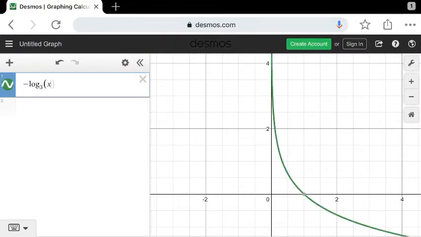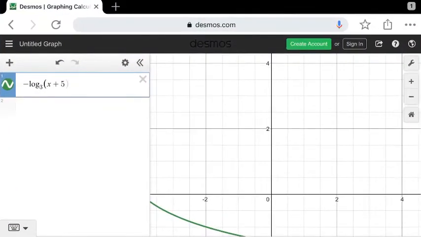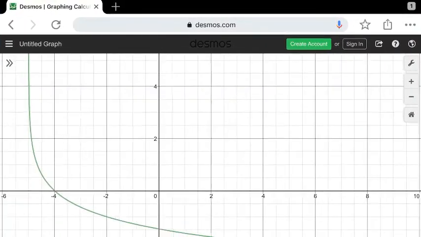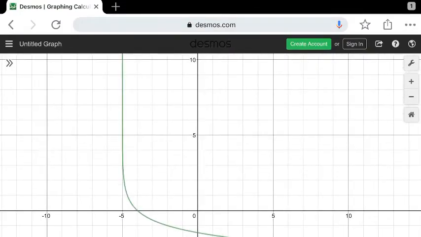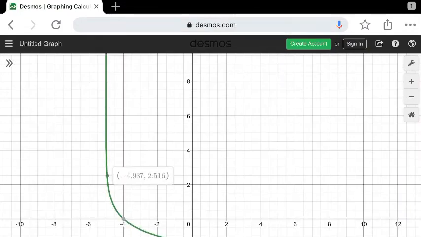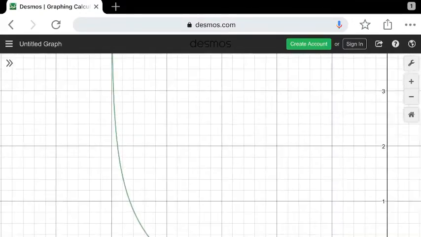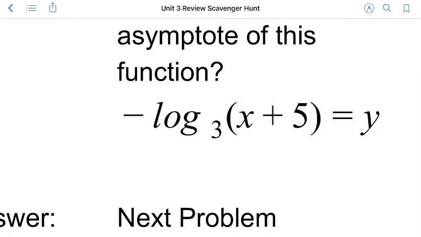And then I can put equals y if I wanted to, but it doesn't change it. So then here is my graph. My graph gets really close to x is negative 5, but never crosses it. So we're looking for the answer, x equals negative 5.